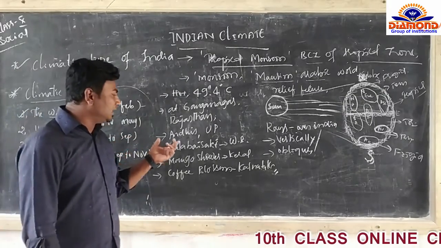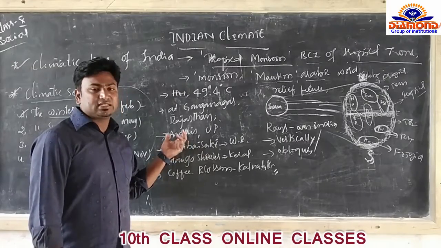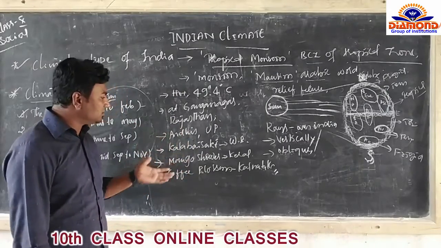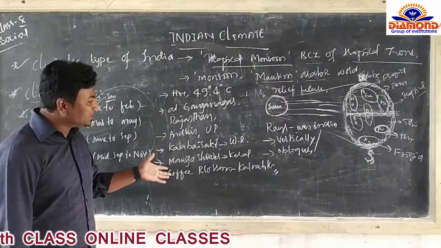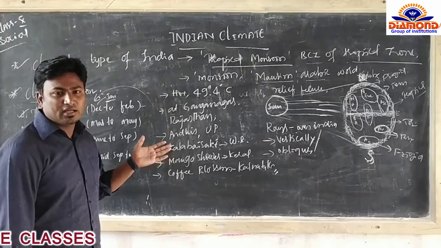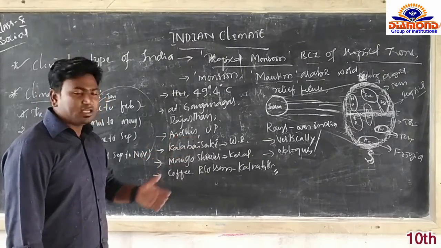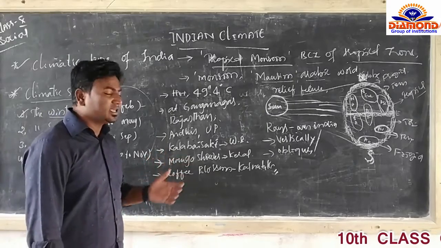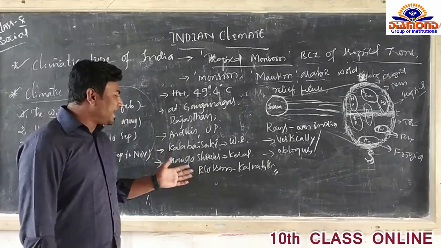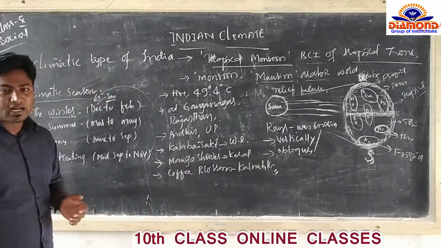Keep in mind, students, the question may be on which name belongs to which place: Andhis in Uttar Pradesh, Kal Baisakhi in West Bengal, mango showers in Kerala, and coffee blossom in Karnataka.